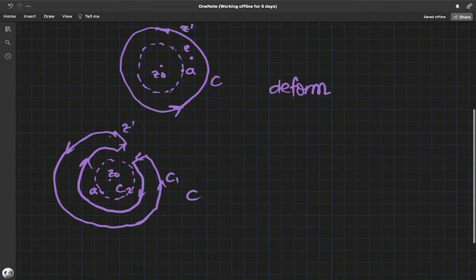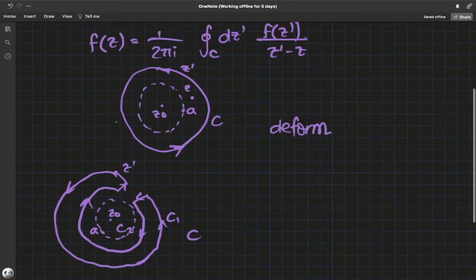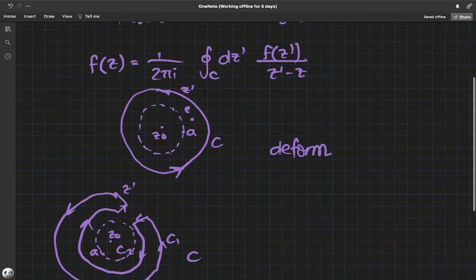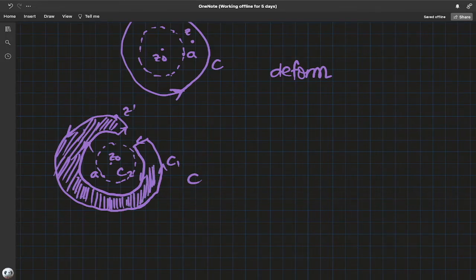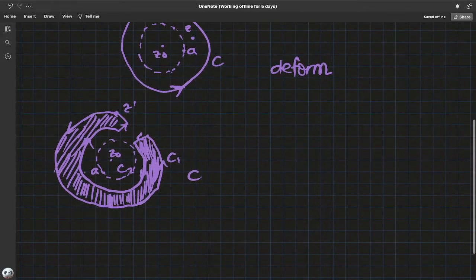I've done this because if you do this contour integral, it correlates to the points enclosed inside, using the Cauchy integral formula. But in this case, the closed region is going to be this one, and that does not have singularities or poles. So instead of having the entire thing, I've broken it down.